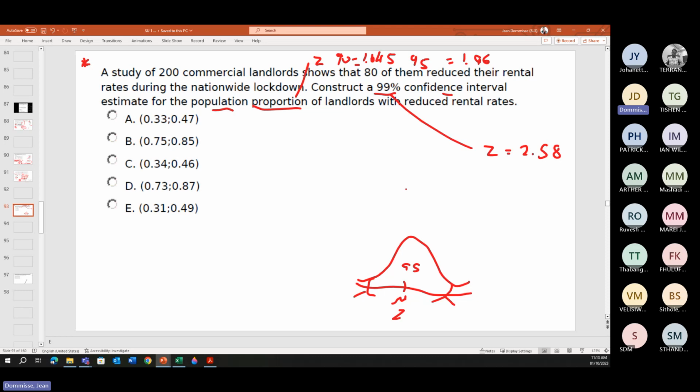The only time you need to worry if it is one tail or two tail is when you get to hypothesis testing. So please, when it is confidence intervals, always two tail, because we want to understand the confidence around the mean. It nearly takes you back to study unit 3 when we did mean, median, mode, standard deviation. With a confidence interval, we get the mean and we work out the standard deviation around it.